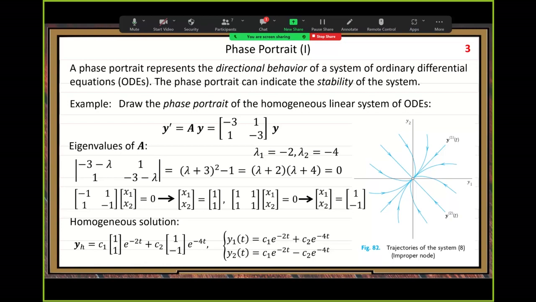Then we write y1, y2 functions explicitly, but we have C1, C2 parameters. Every time you select C1 and C2 values, you can draw one trajectory. Then you take different C1, C2 values and draw another trajectory. So you draw all the possible trajectories, and you get this picture.